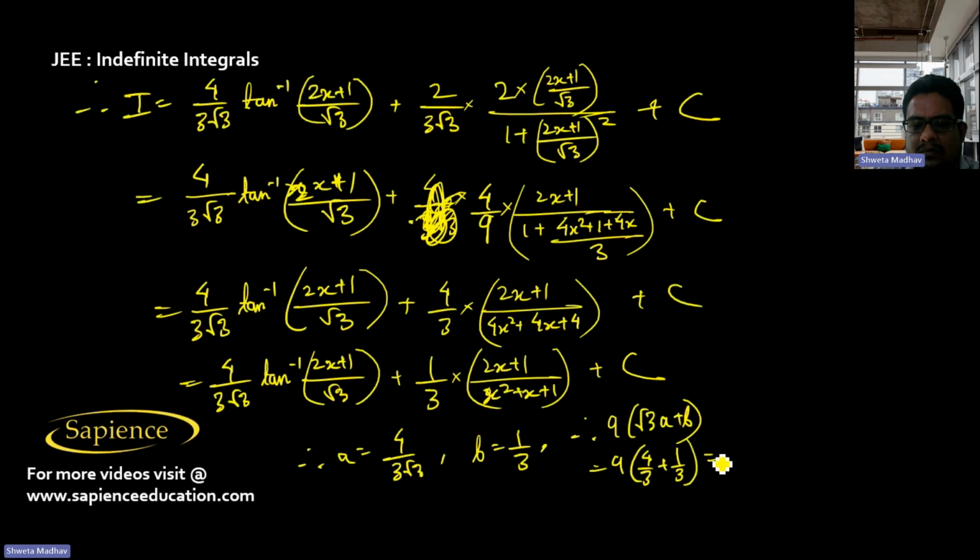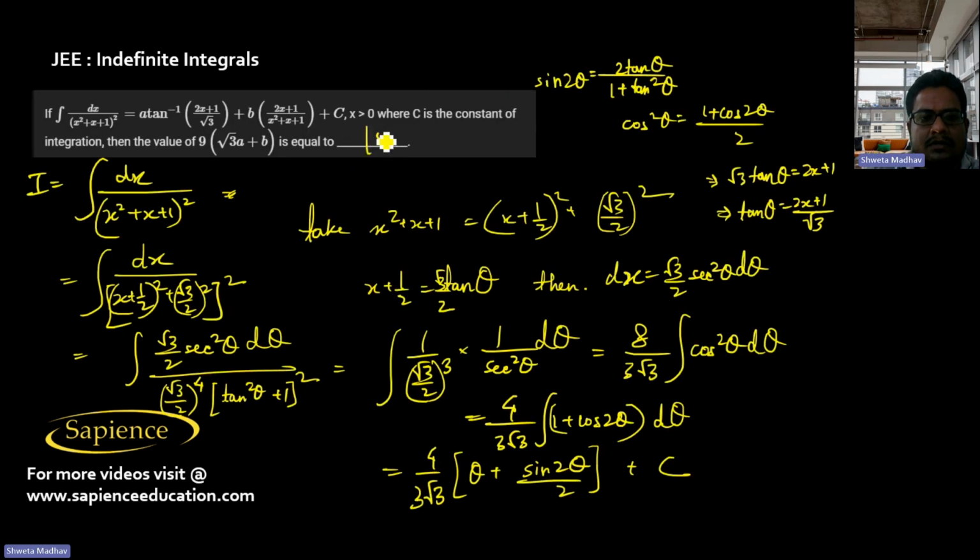So this is 9 into 5 by 3. So 3 3s are 9, 3 5s are 15. So 15 is the answer. So the correct answer is 15.